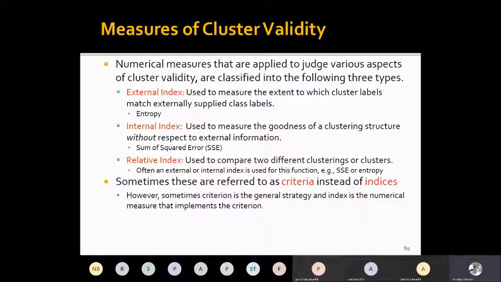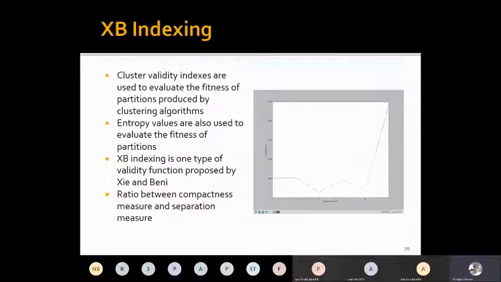And finally, how do I know how good the clustering is? So there are several indices, like external index, internal index, or relative index, and we will discuss them in detail in the model validation lecture. So we will just show you an example of one, the XB index.